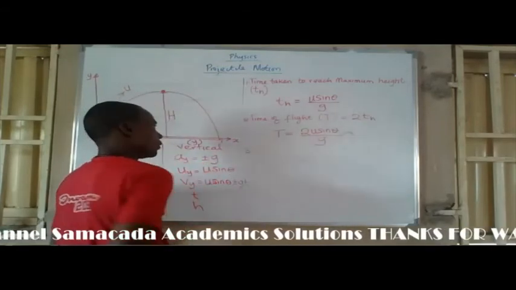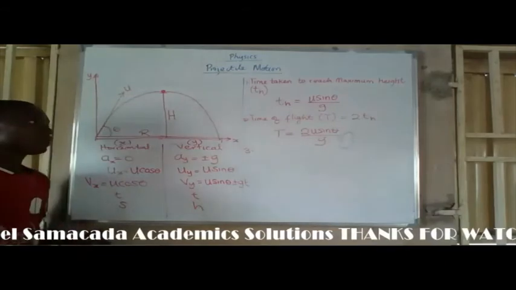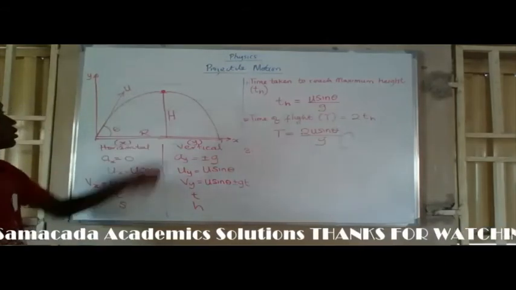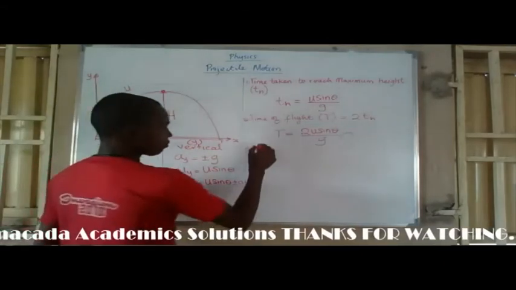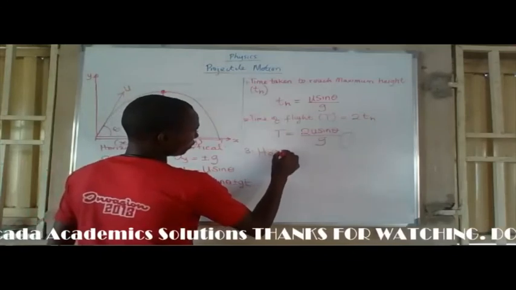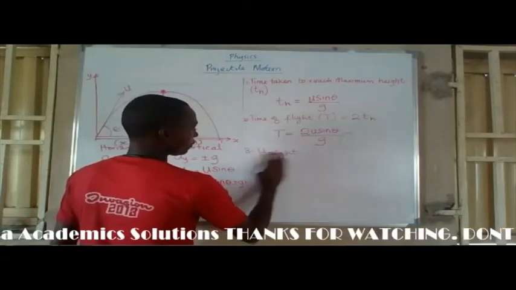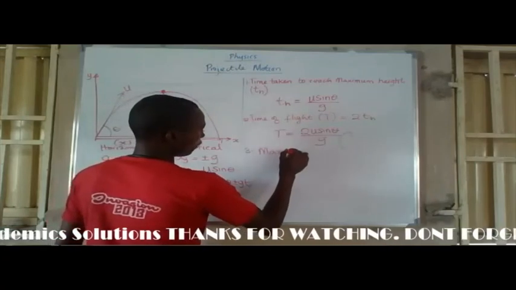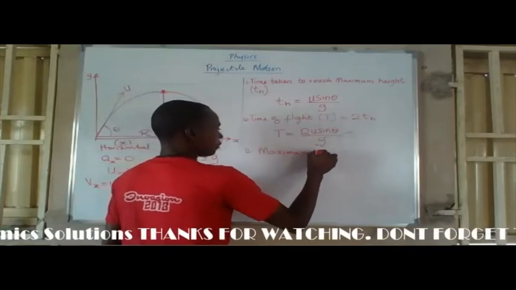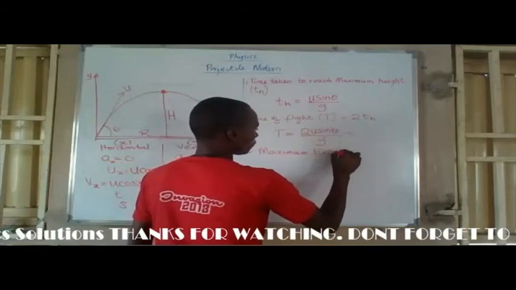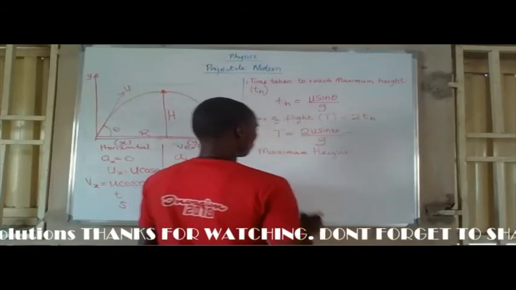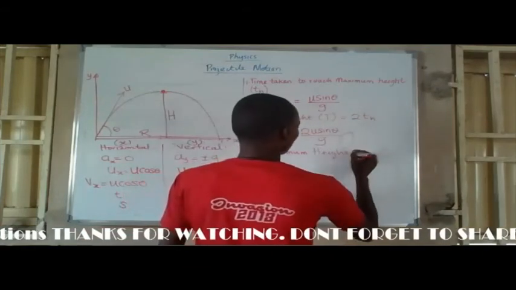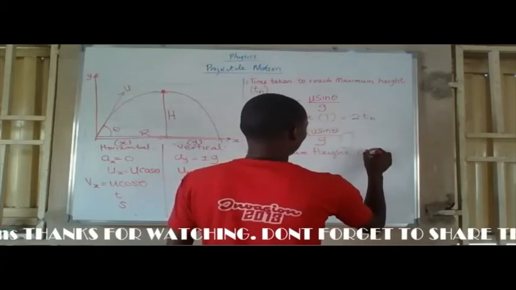Number 3. The next important information we need is the maximum height. Maximum height is simply the highest point attained by the projectile.